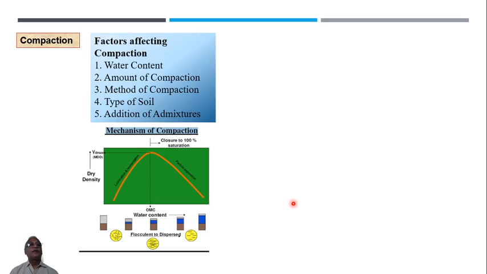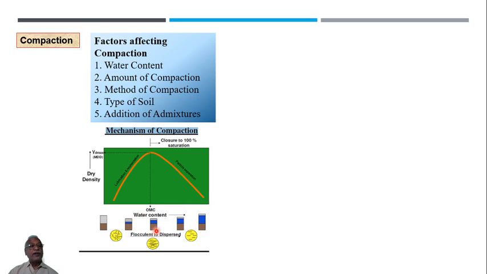So what are the factors affecting compaction? First, water content. As I have told you, as you go on increasing the water content, the dry density increases. That is the first simple point. Then the amount of compaction. This whole test is conducted by the standard Proctor test, where you compact with the same amount of energy when you change the water content.